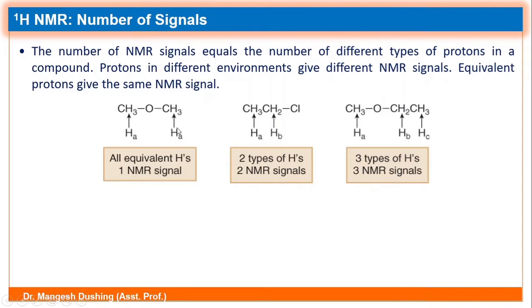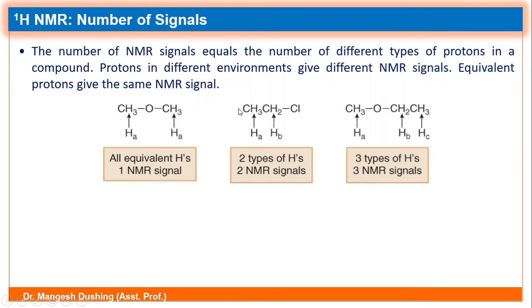So all 6 protons give only one NMR signal. There is only one type of proton, so it gives only one signal. All protons are equivalent.